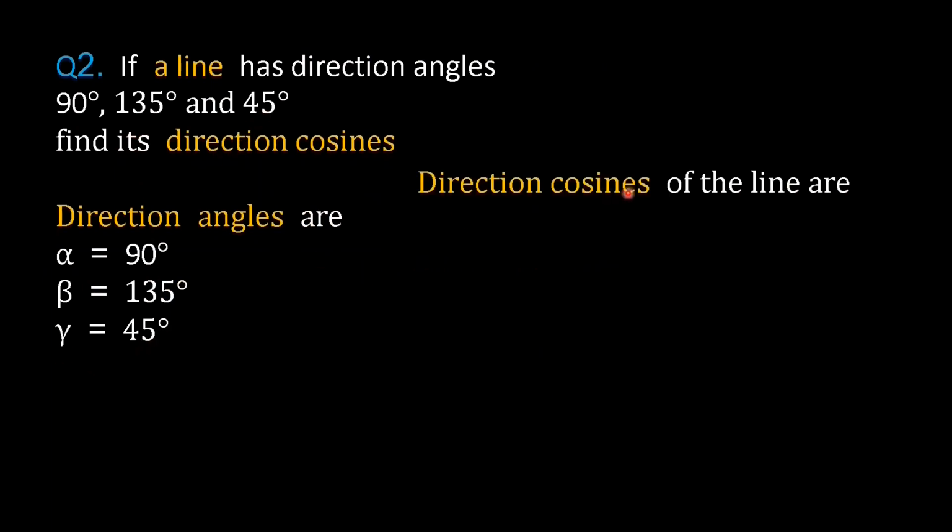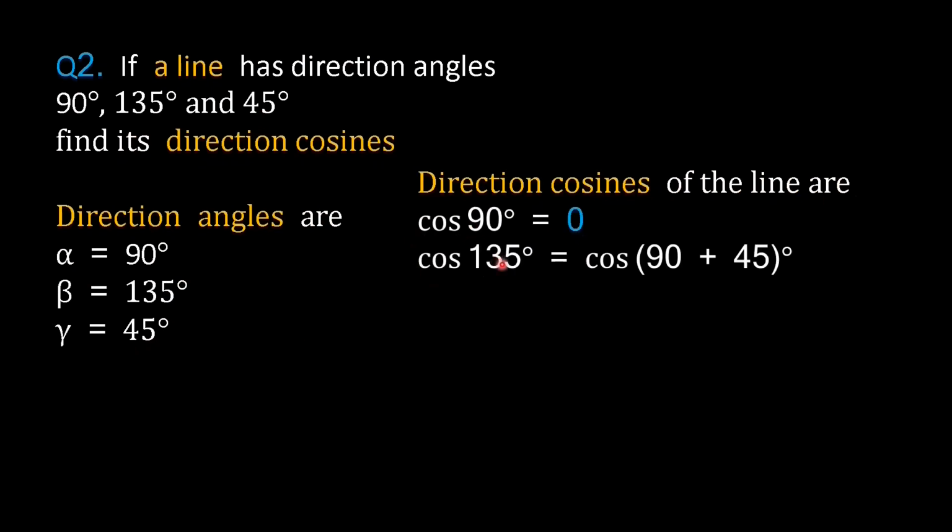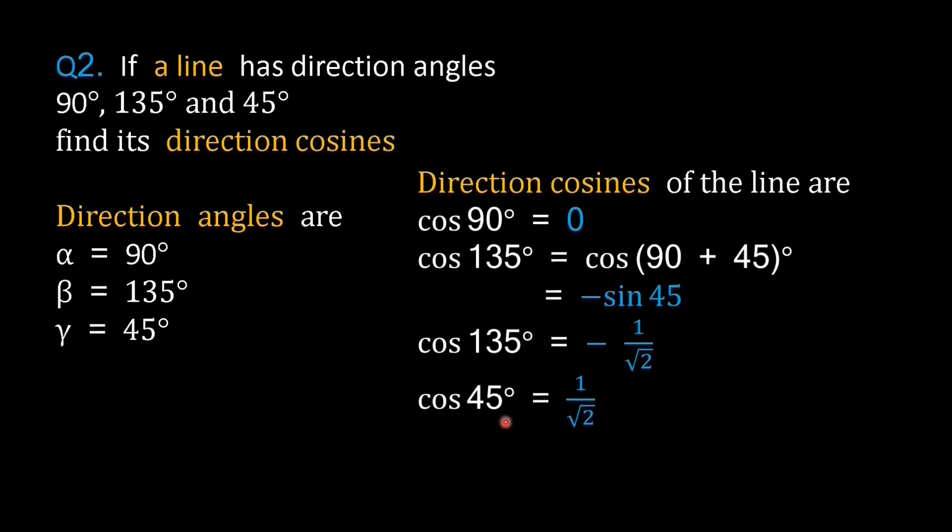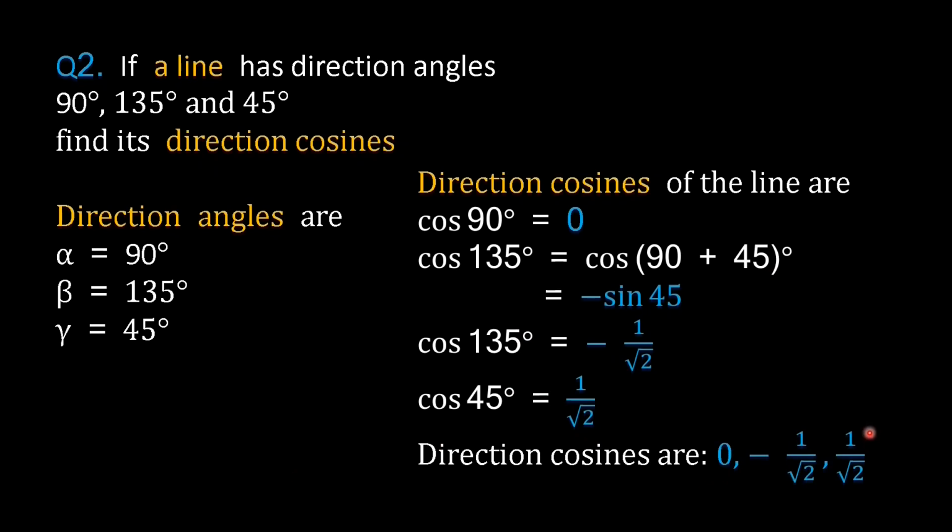So the direction cosines of the line will be cos 90 degrees, which is 0, cos 135 degrees will be cos of 90 plus 45, which will be minus sine of 45 degrees. That is, cos 135 degrees will be minus 1 by root 2. Cos 45 degrees is 1 by root 2. Hence, the direction cosines of the line will be 0, minus 1 by root 2 and 1 by root 2.